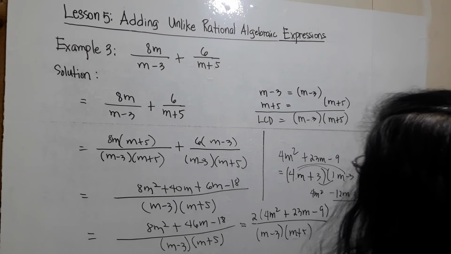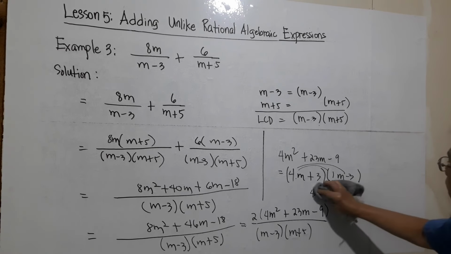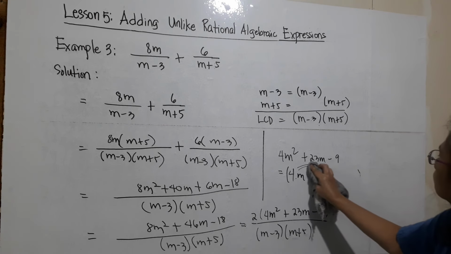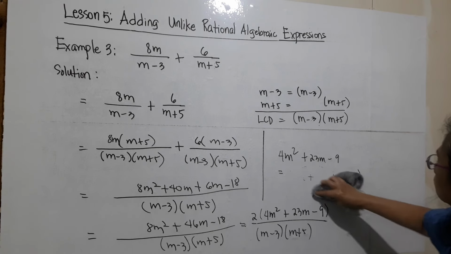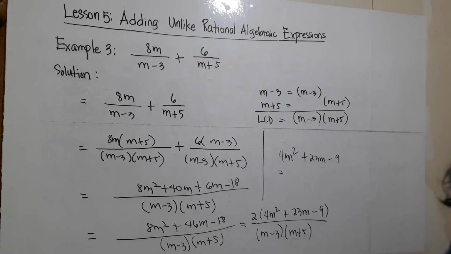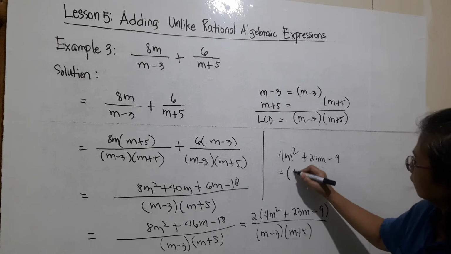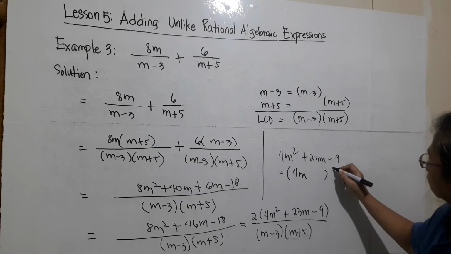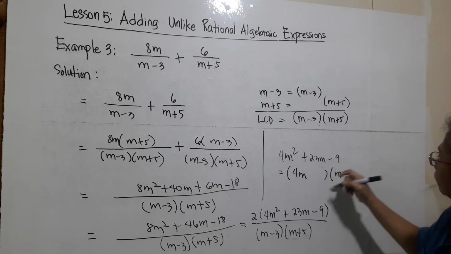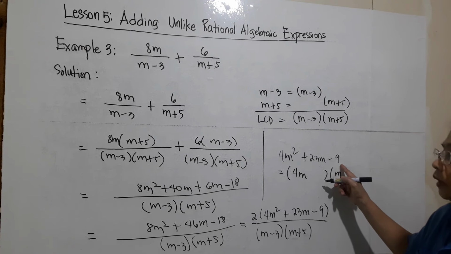Okay, let's try again. Another one. If we cannot find factors for this trinomial, that means the trinomial is prime. Let's try 4m and here m. Let's try factors of 9 aside from 3 and 3.